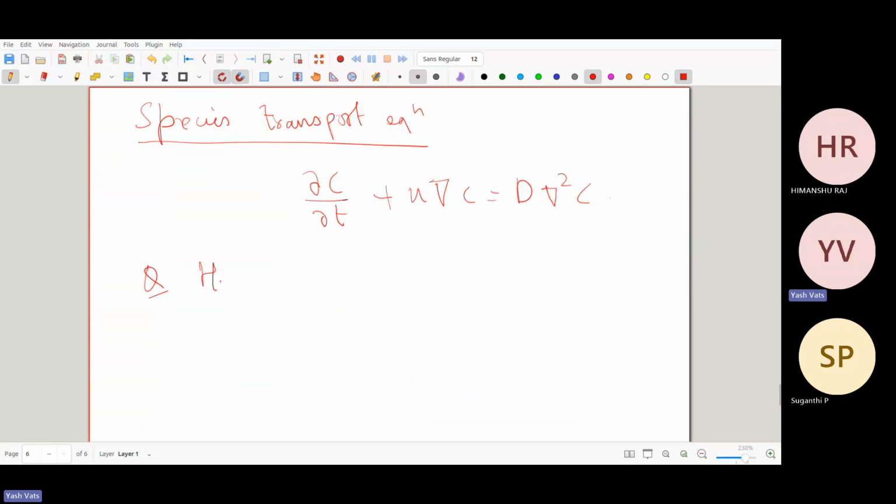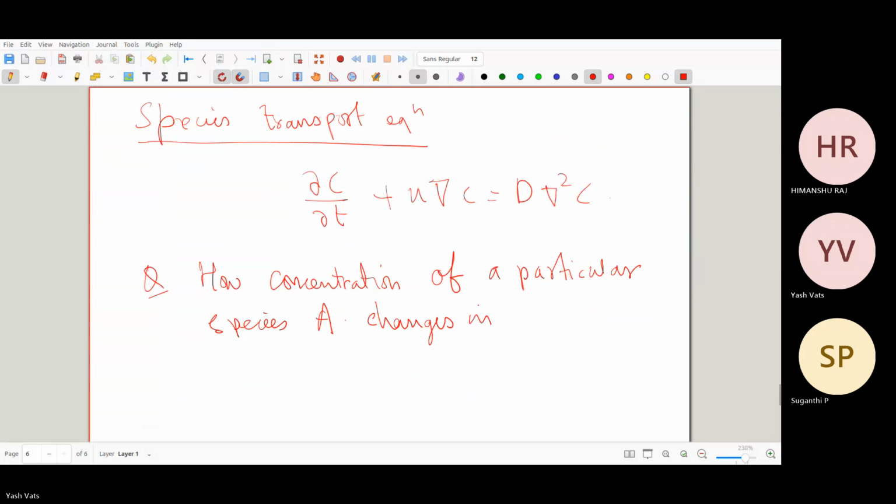It says how the concentration of a particular species A changes in space and time. So this particular equation models how the concentration of a particular species changes in space and time.